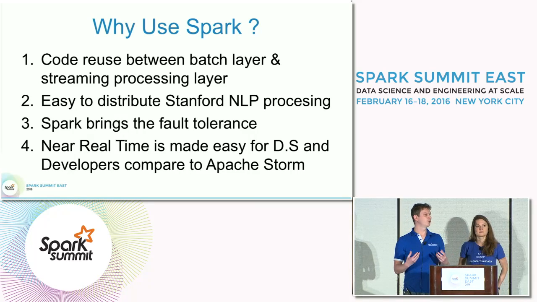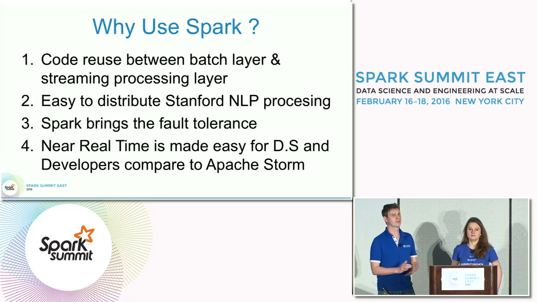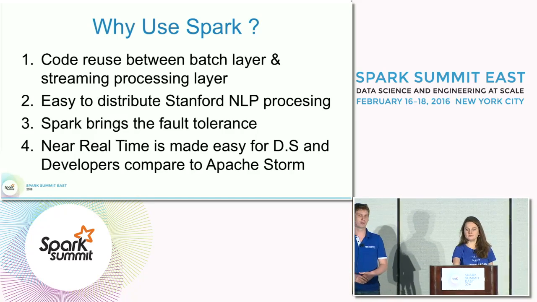We chose Spark because we wanted to have fault tolerance built inside our application and not have to build it. And of course, it was much easier to use Spark streaming than Apache Storm for our data scientists and developers. And now Yana is going to deep dive into what we have been doing.